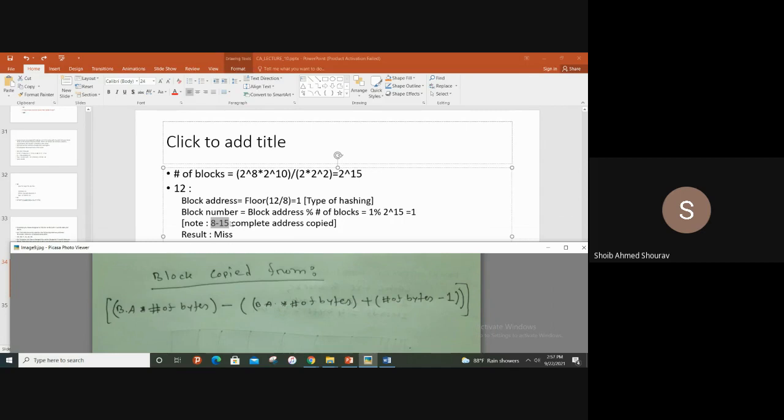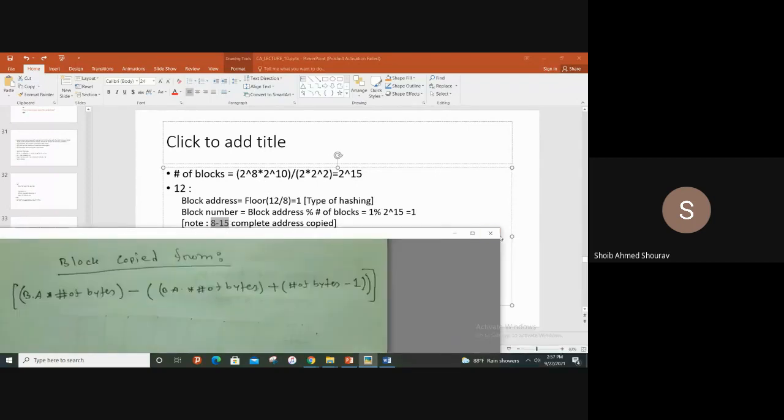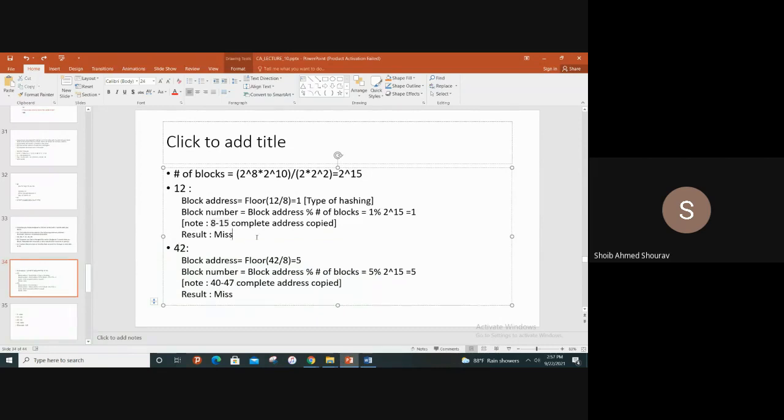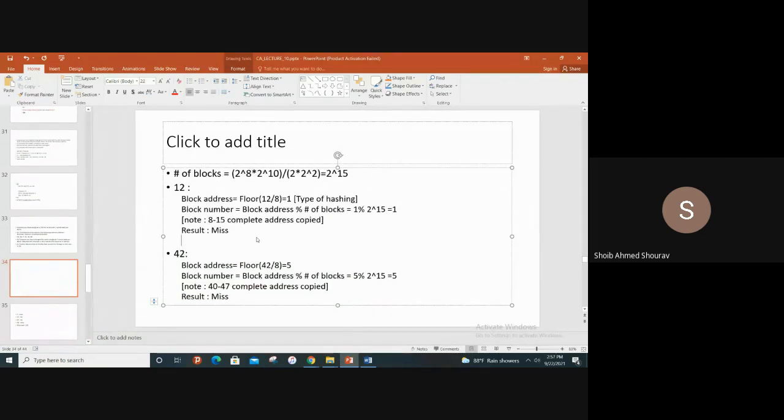Now why is it important to find out the number of bytes copied? Why is this really important? To find out which addresses are being copied. This is important because if next time the processor demands anything in between that range from 8 to 15, it will be a hit.